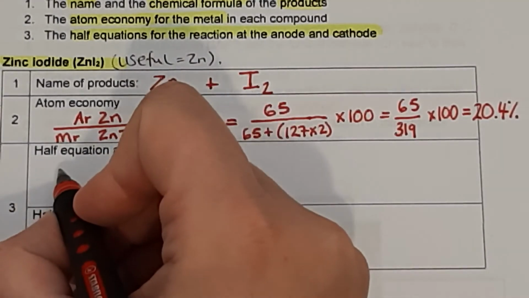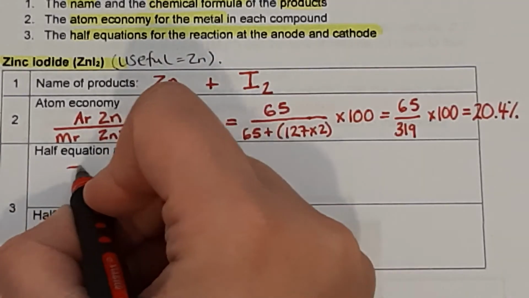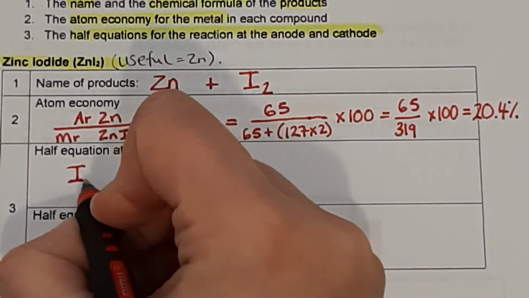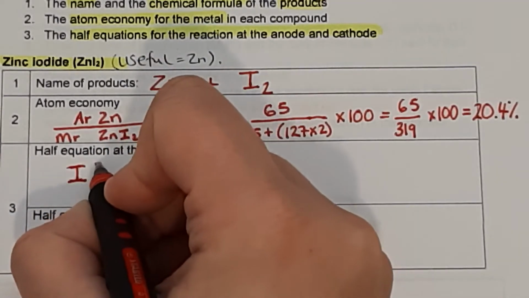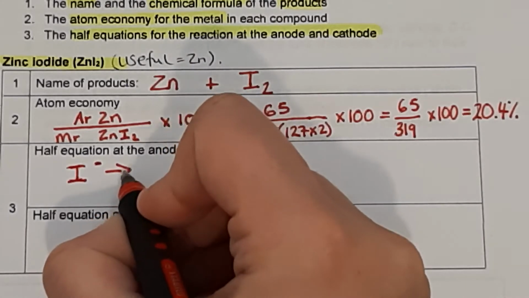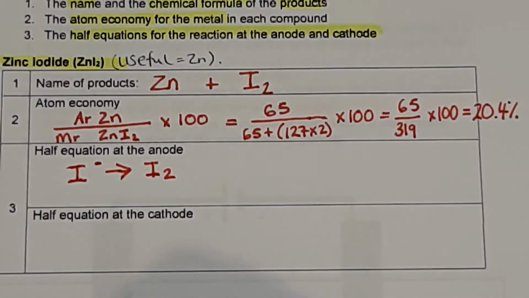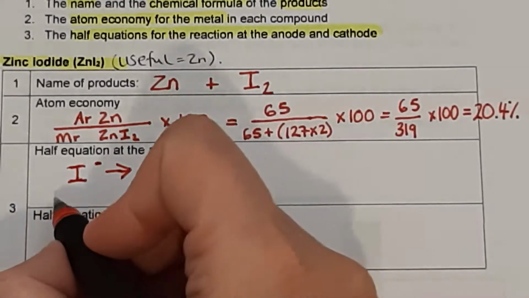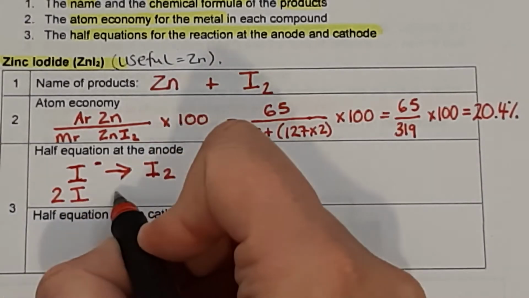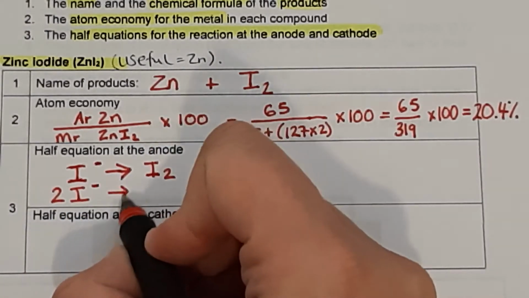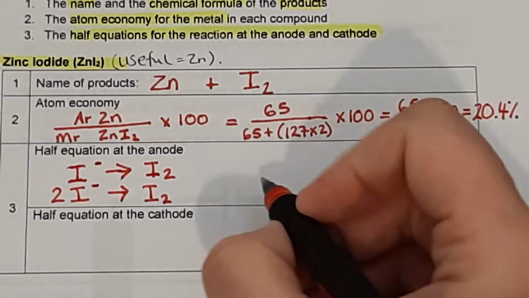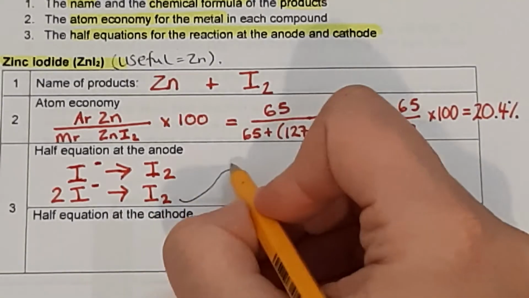So first of all, let's think about this. The iodine ion is going to be I minus, and it's going to turn into I2. Now we need to balance that. So our next step then is 2I minus turns into I2.